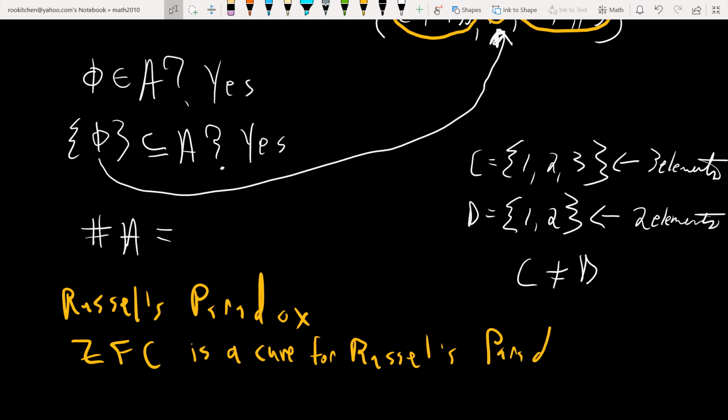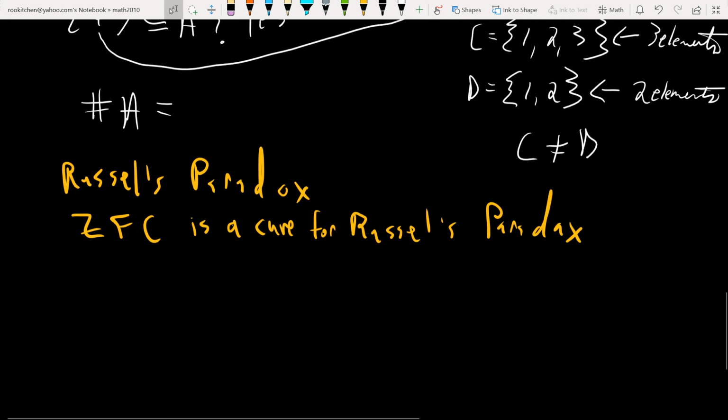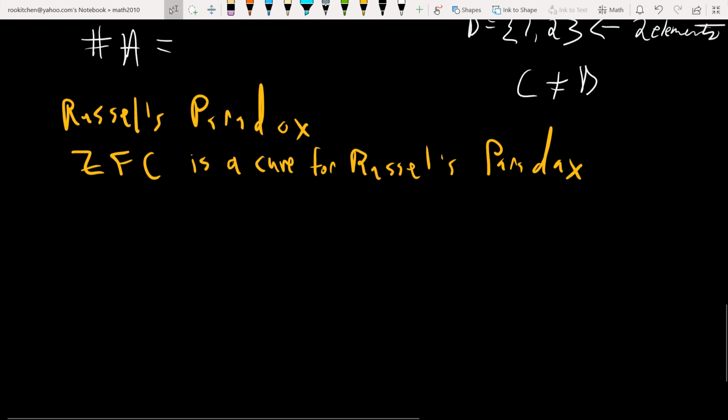Russell's paradox being something of the flavor: does the set of all sets that contain themselves contain itself? And it's like, well, if the set is in itself, then it contains itself, and therefore, it's weird. It's some weirdness like that. I don't want to waste your time proving to you that I can think through it. I don't see what the benefit of that is. But yeah, it's out there. Like I said, ZFC is a cure for it.